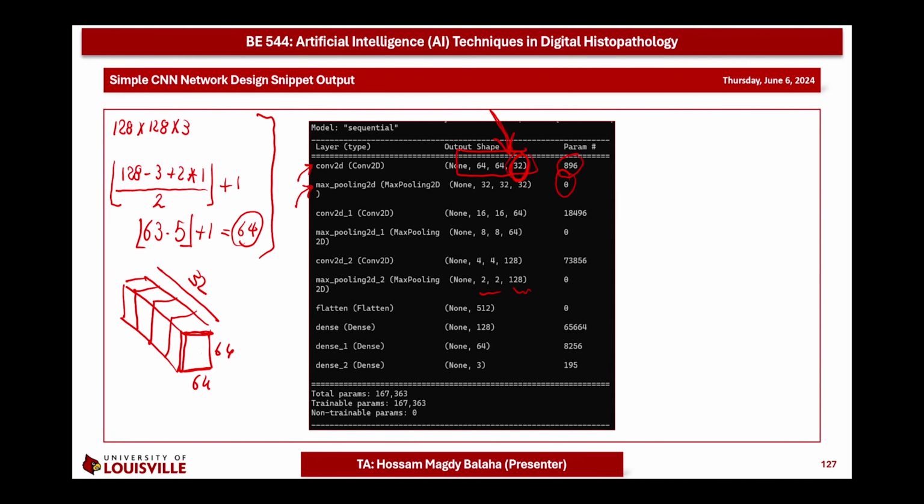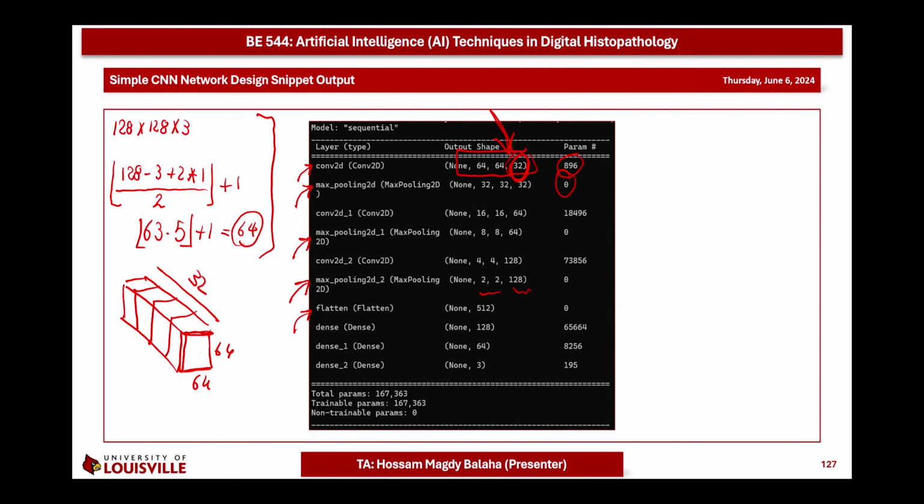So you'll find for each max pooling there are no learnable parameters. Also for the flatten there are no learnable parameters, because we are just converting from an n-dimensional volume to a one-dimensional vector.